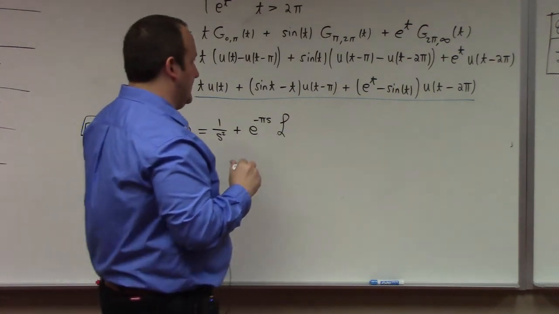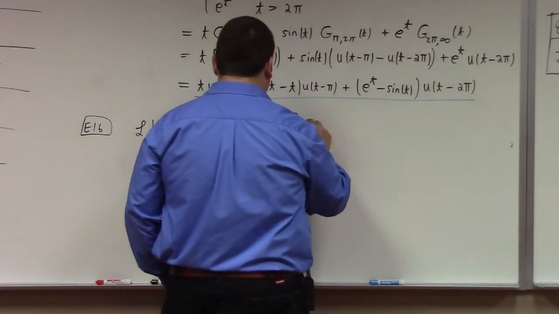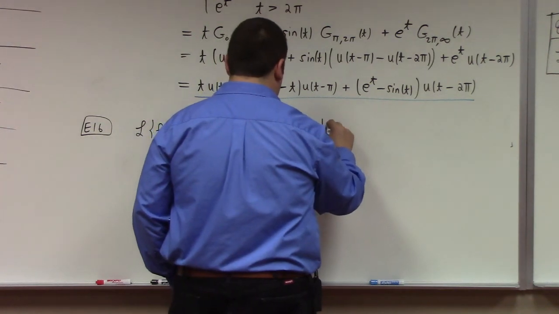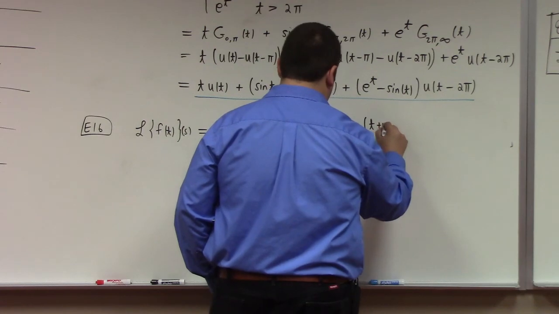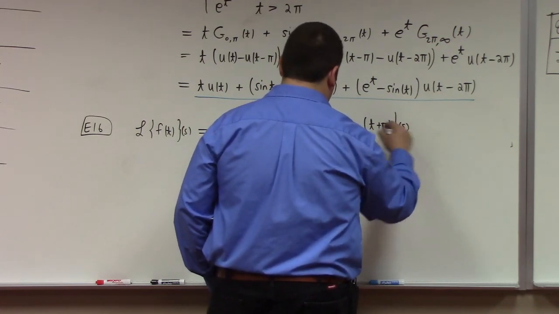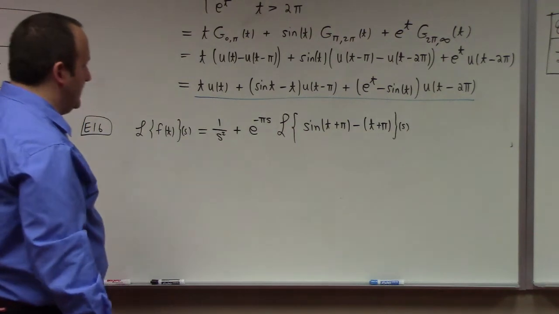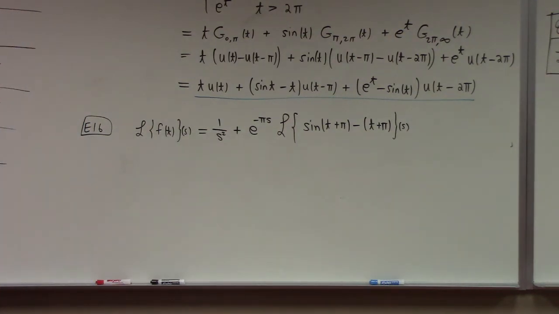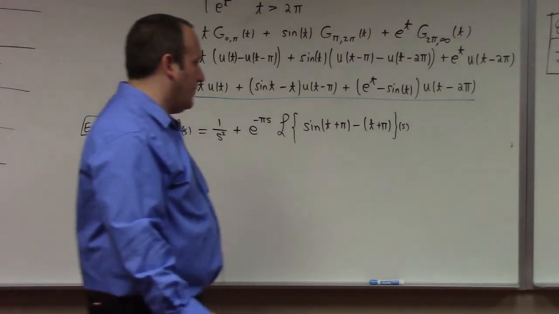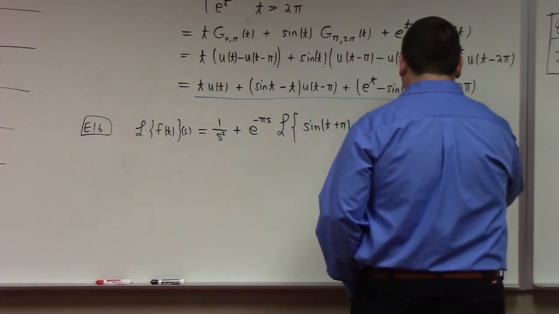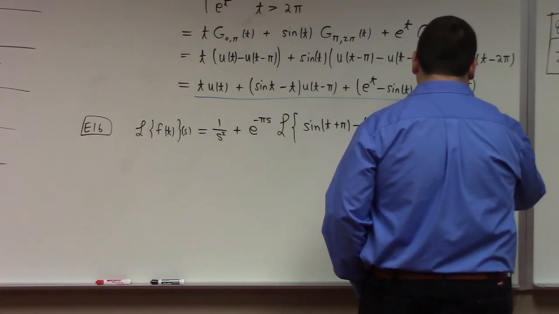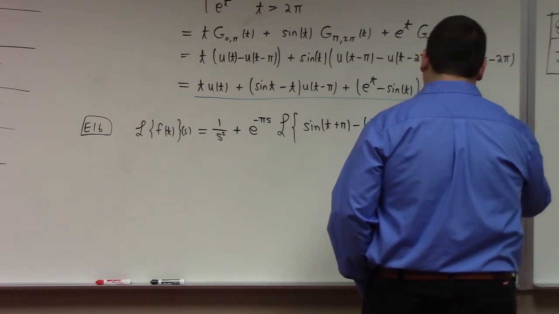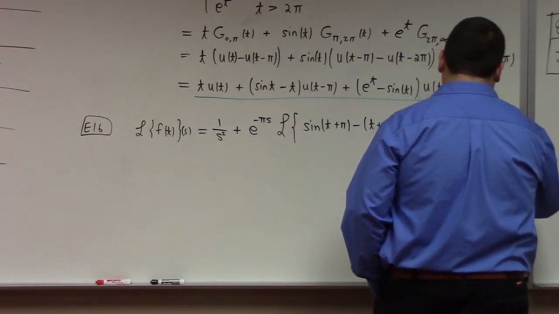And I'm supposed to take the Laplace transform of sine of t plus pi minus (t plus pi) of s. So I have to take the thing that's multiplying the unit step function and shift it, as equation 8 tells me. Plus e to the minus 2 pi s, Laplace transform of e to the t plus 2 pi, minus the sine of t plus 2 pi.